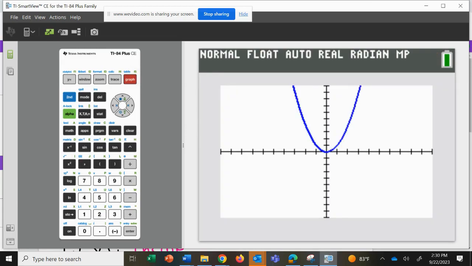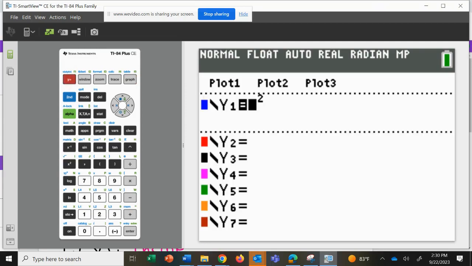Okay. If yours has an error, will you double check that you have x to a 2, but nothing else there? Does yours look like that? Hit graph. Who got it? All right. Yeah, that's right.